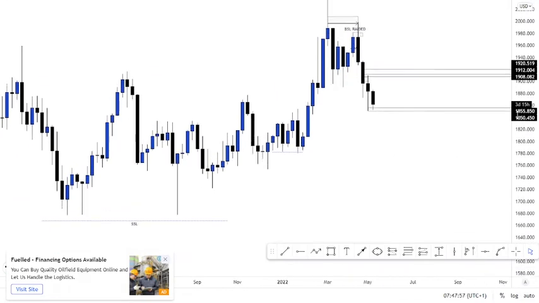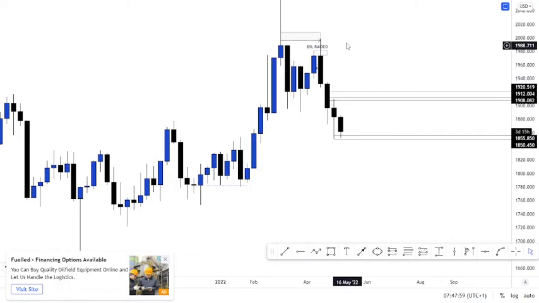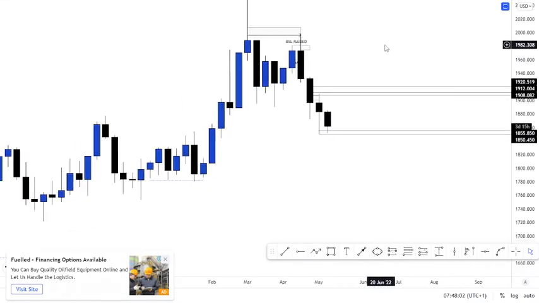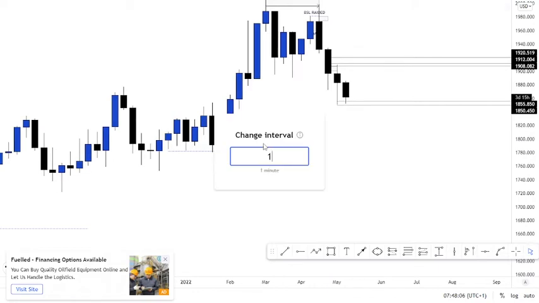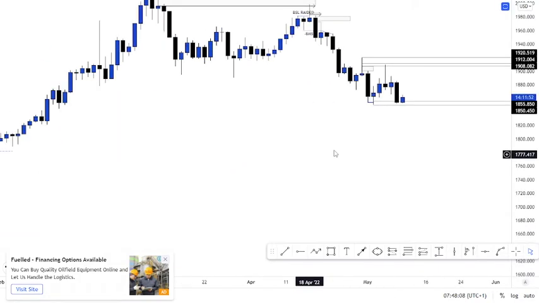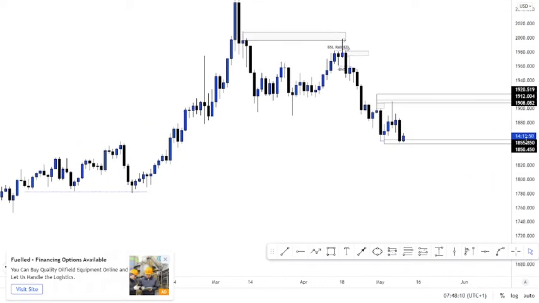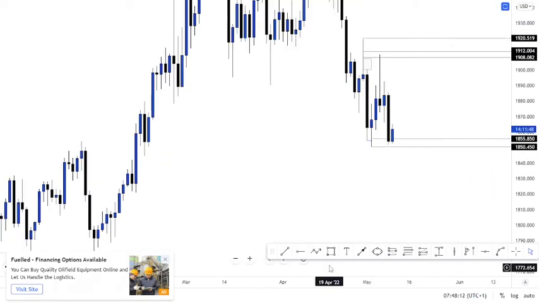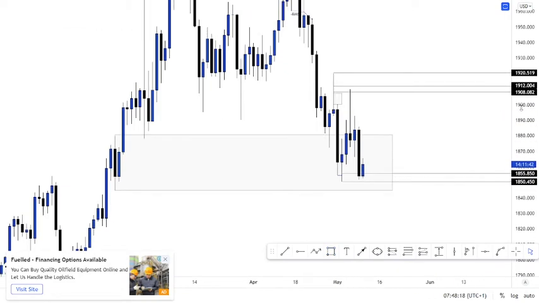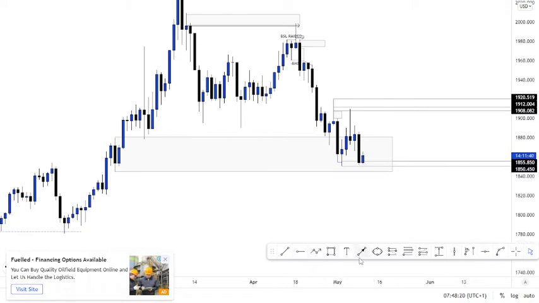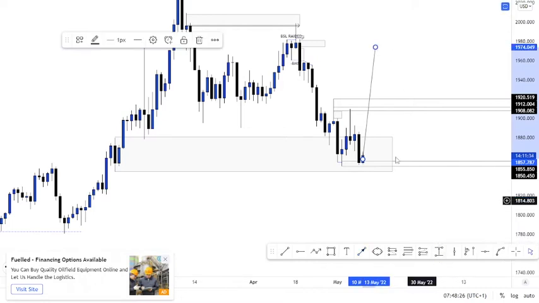Okay, so here on weekly, price is still bearish, the order flow is still bearish, so nothing much here. So let's look at daily. Coming into daily here, if you look very well, I highlighted this region here. I said price is reacting here, and I'm looking to see if we can have a bounce off from this region back to here before we can continue the bearish order flow.